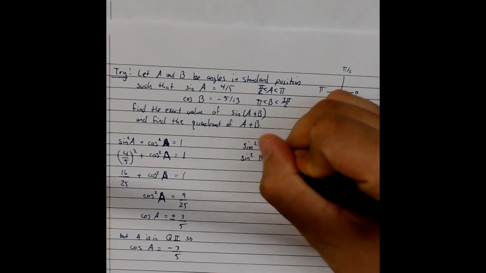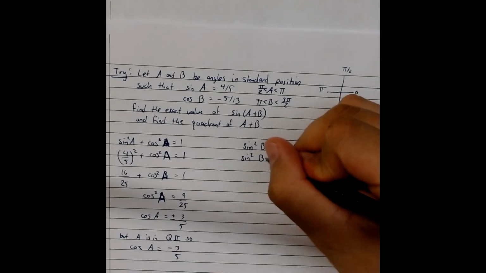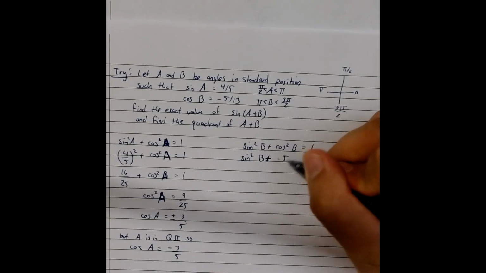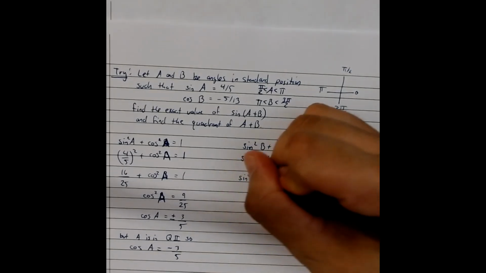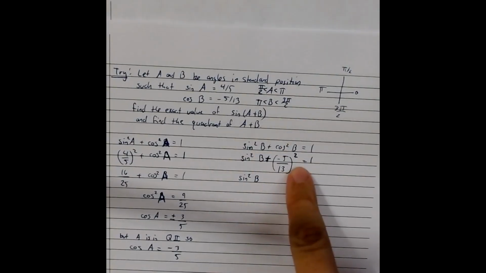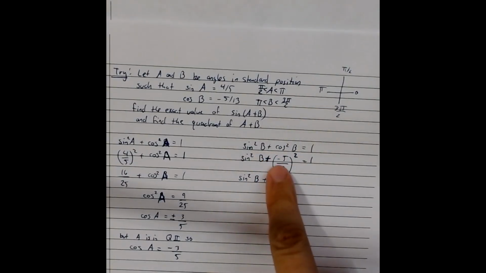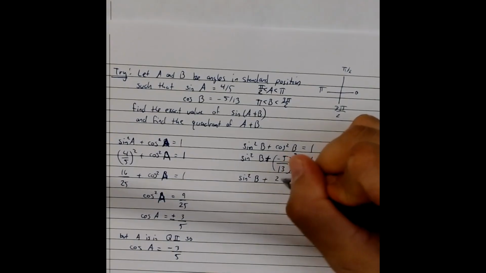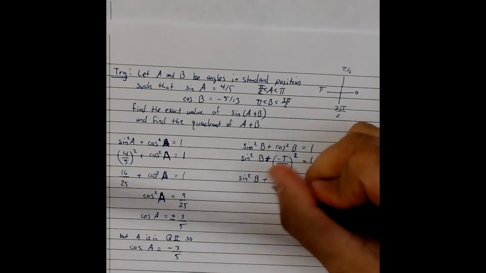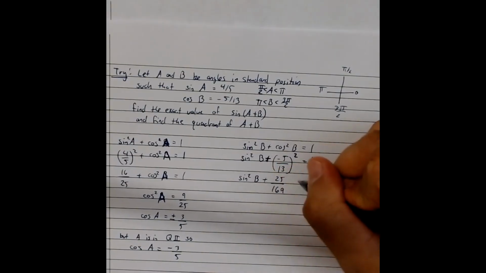This is sine squared of B plus negative 5/13, and again that's being squared, is equal to 1. All right, so that's going to stay sine squared of B for now. But squaring this will give me plus negative 5 squared is 25. 13 squared is 169. And all that's going to equal 1.